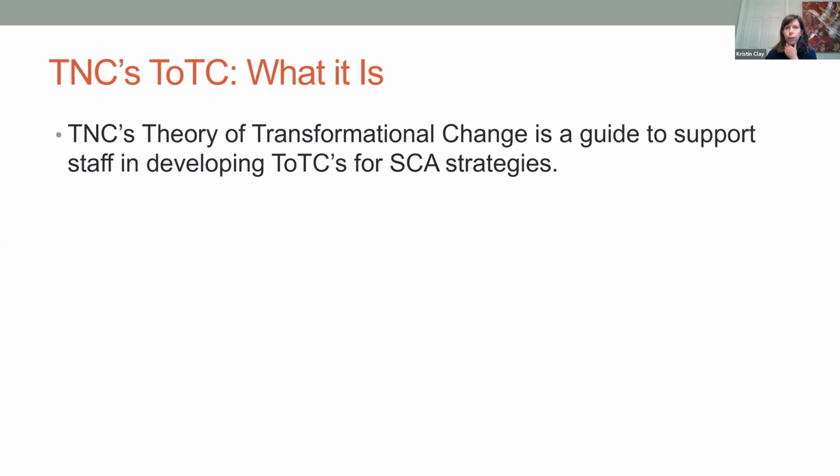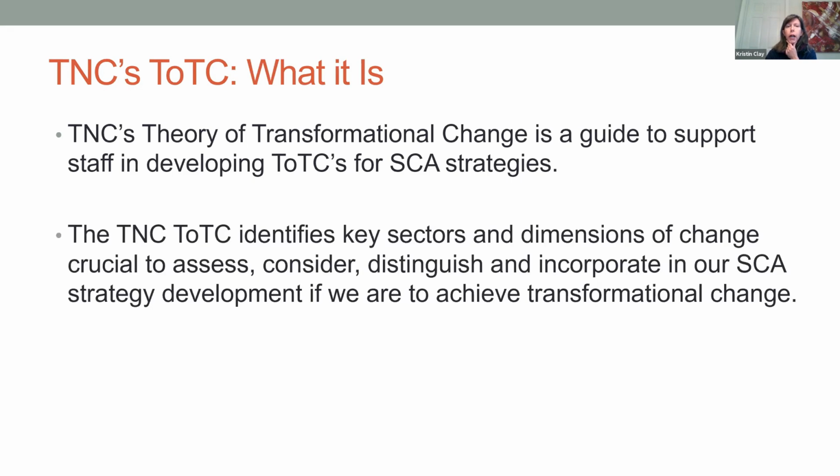Okay, so first, what is it? It's a guide for staff aimed, particularly right now, at folks working on SCA strategies, but really could be a project as well. If you're developing a theory of change and you want it to be a really transformational one, this gives a bit of a guide. And it does that in part by identifying key sectors or dimensions of change.